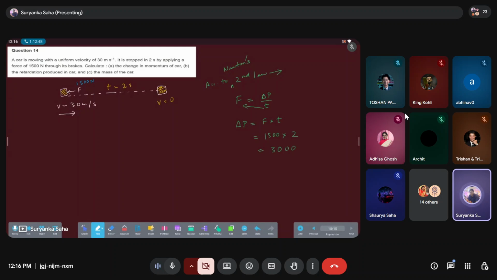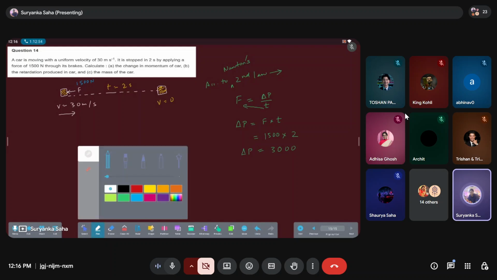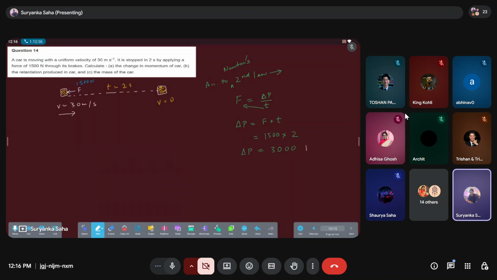This is delta P. Its unit will be kg meter per second. Don't write kg meter per second square, otherwise it becomes force. So 3000 kg meter per second. This is answer A. Is it okay?